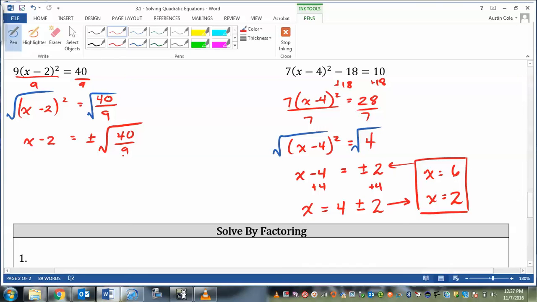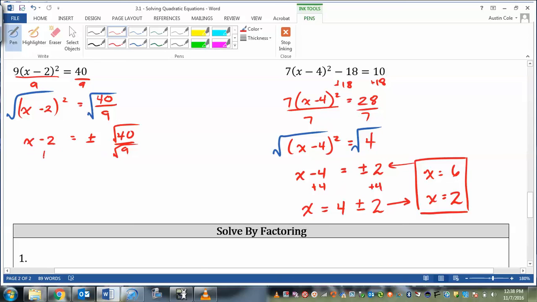That's kind of ugly. Now here's when you square root a fraction, guys, you're really square rooting the numerator and square rooting the denominator. Well, what's the square root of 9? That's 3, right?